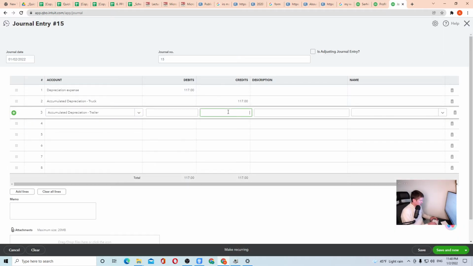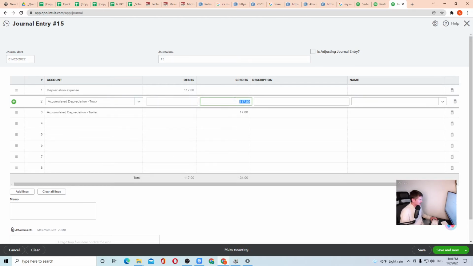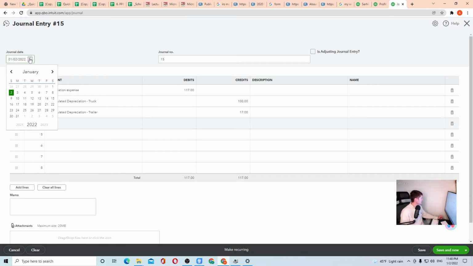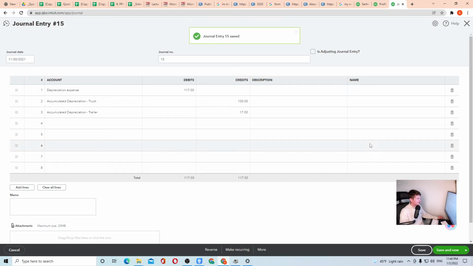And that will be 17 and that will be 100. Okay, so basically that's all, and all I wanted to do is to adjust the date back to November, save.